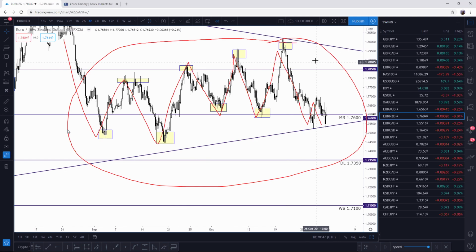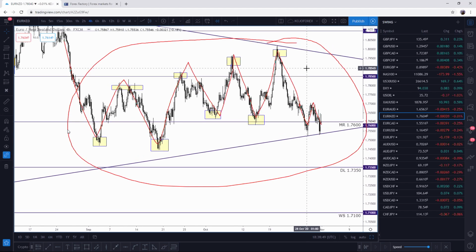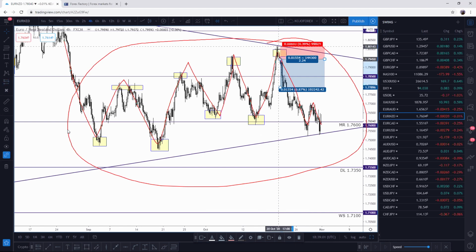Which I did. You guys know that I caught this one. I caught a couple of the moves here, not just this one, a whole lot of them, back and forth like that. I caught this one here, and I caught the sell as well. And I still have a small position of the sell running. I don't think I closed everything out.